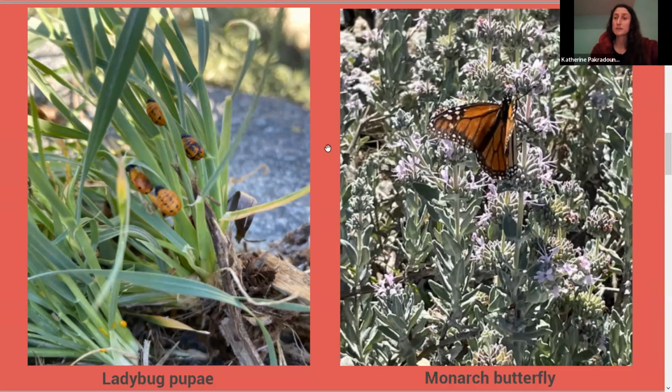So if you sprayed with chemicals on that aphid infested milkweed, you might have killed a bunch of their larvae potentially. And then on the right here, the other thing you might do accidentally is you might actually be crushing the caterpillars of the monarch butterflies, because the monarch butterflies use milkweed as their host plant.